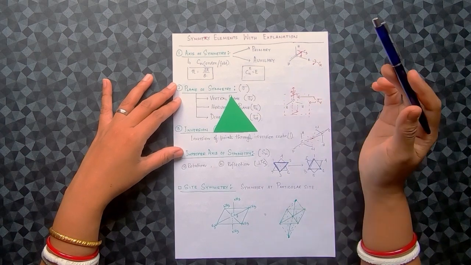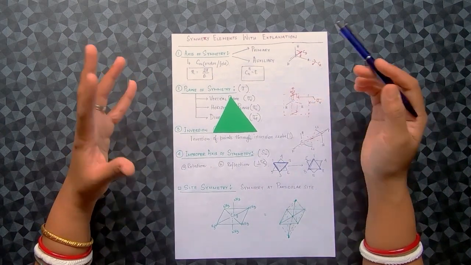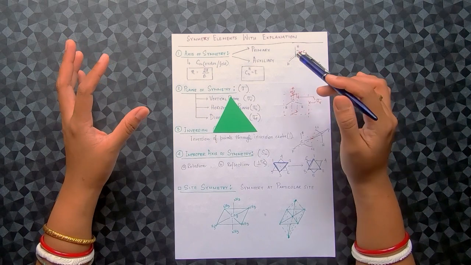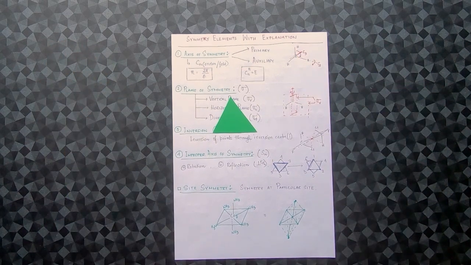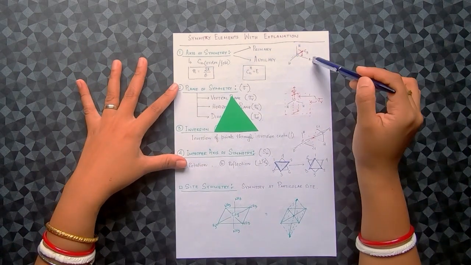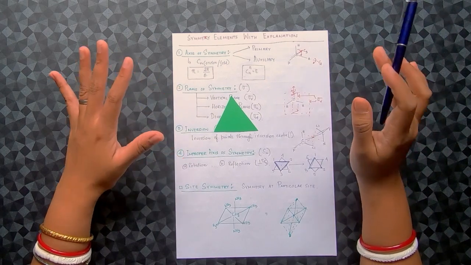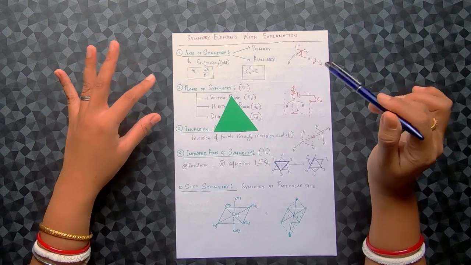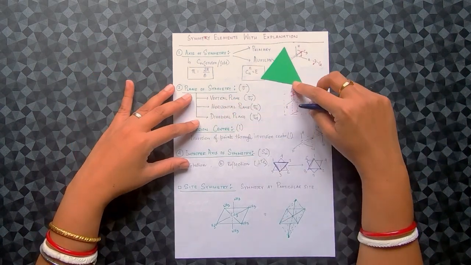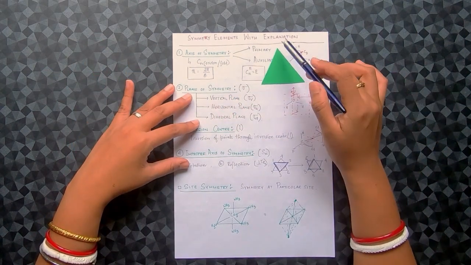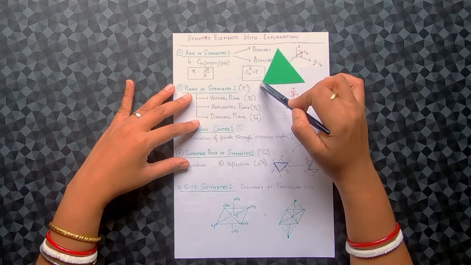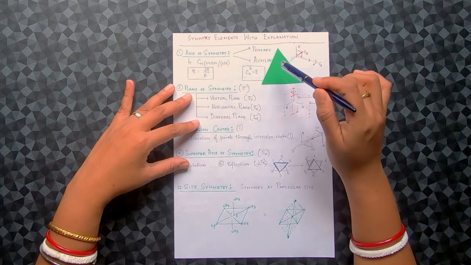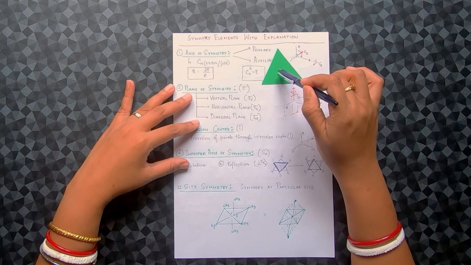We have taken a molecular structure to determine the axis of symmetry. So BH3 is a molecule I have taken. BH3, the structure is nothing but a trigonal planar structure. Let's say this is a trigonal planar. So hydrogens are in the three corners of it and boron stays at the center.